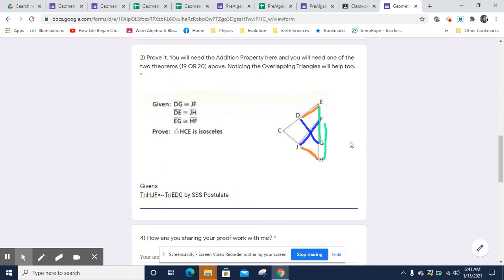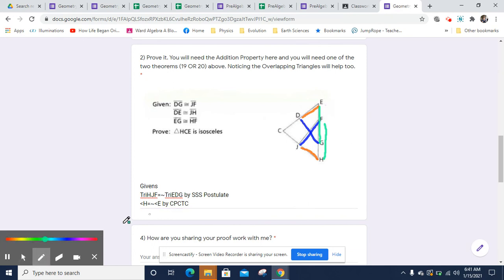Once we've proven that, we can say that angle H and angle E are congruent by CPCTC, corresponding parts of congruent triangles are congruent. So we can go ahead and label those as congruent too. That is congruent to that.